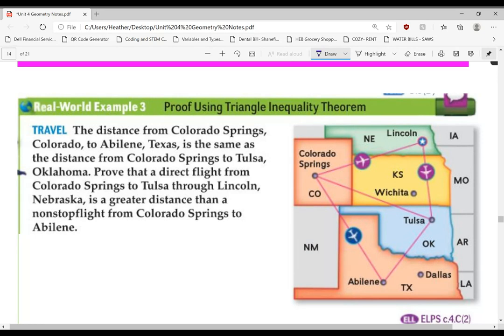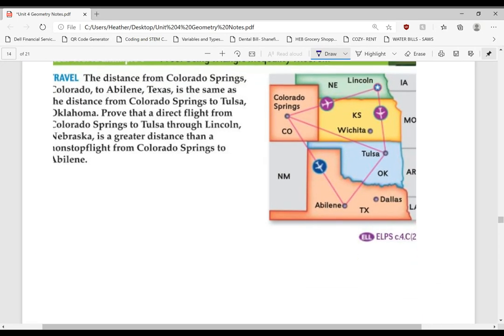Well, we can draw a similar figure of the situation and label the diagram. Draw on the side LT to form triangle CTL. So we're going to take this diagram that's off to the side and draw it.